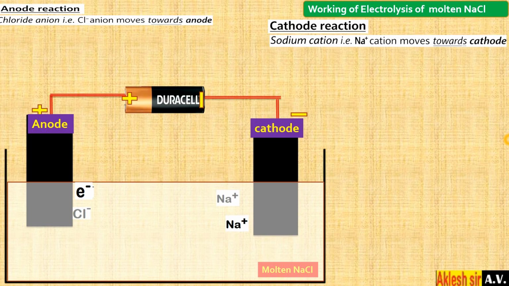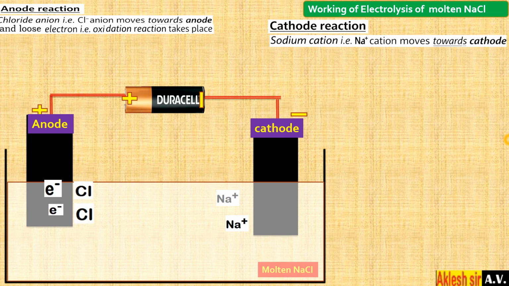Each Cl- ion that reaches the anode gives one electron to the anode. It oxidizes to a neutral Cl atom in the primary process. Here 2 Cl- form 2 chlorine atoms by losing 2 electrons to the anode.